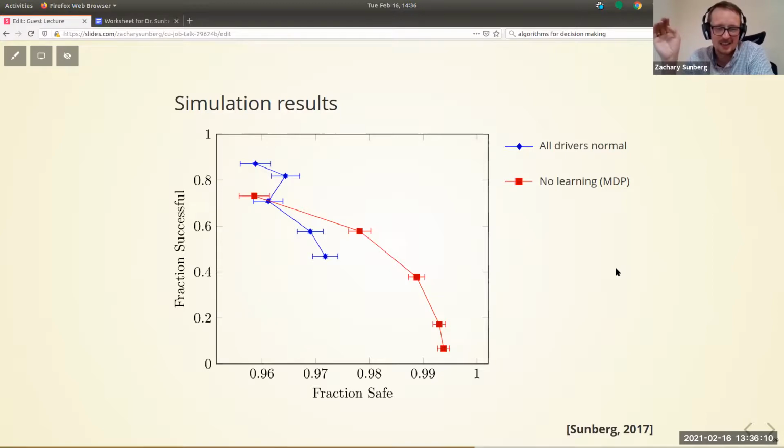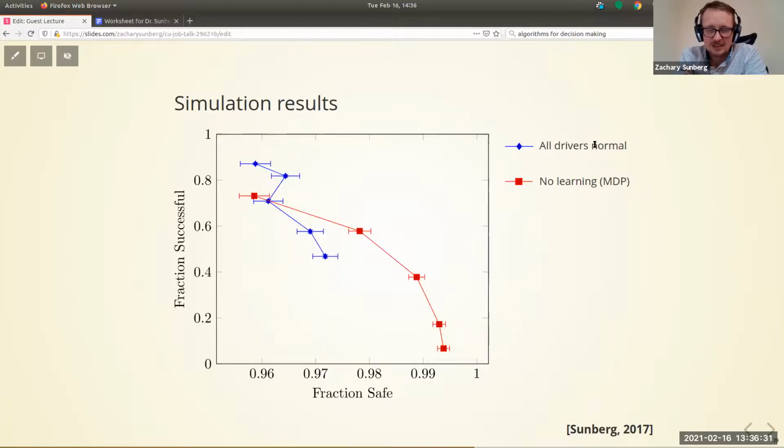So if anybody brakes at more than 4 meters per second squared, it's unsafe. The y-axis is the fraction of times we were successful in doing this 4-lane change maneuver within 1,000 meters.